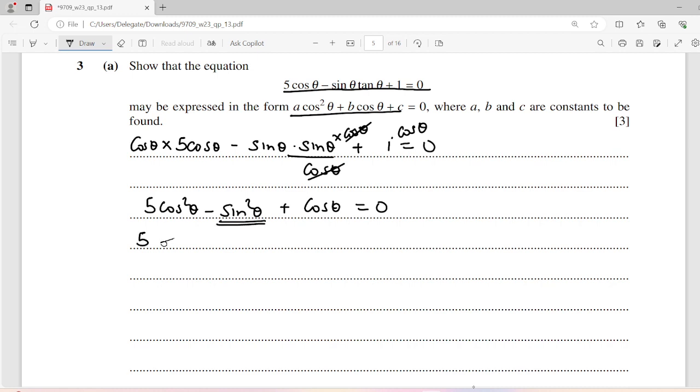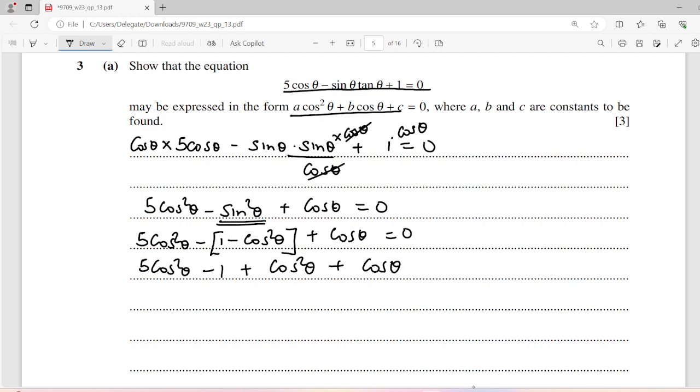So we shall have 5 cos squared theta minus 1 minus cos squared theta, then plus cos theta equaling to 0. So I end up having 5 cos squared theta minus 1 plus cos squared theta plus cos theta equaling to 0. So if you're to collect like terms together, you end up having 6 cos squared theta plus cos theta minus 1 equaling to 0, and you've expressed it in the form that they want.